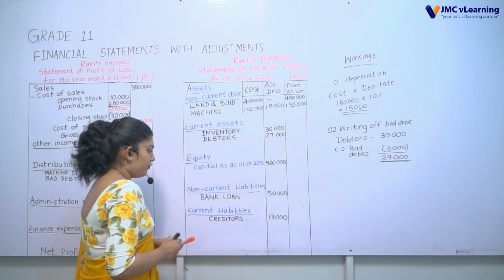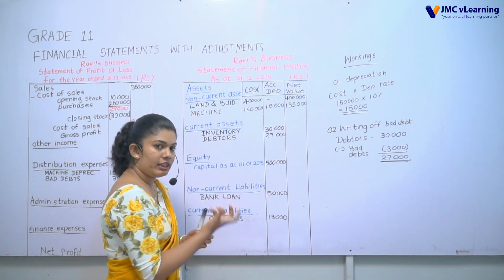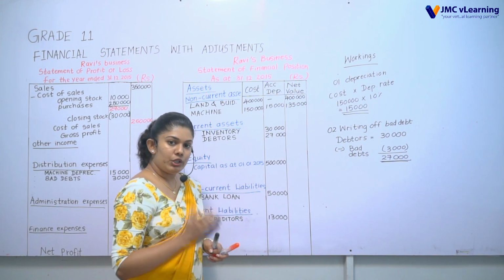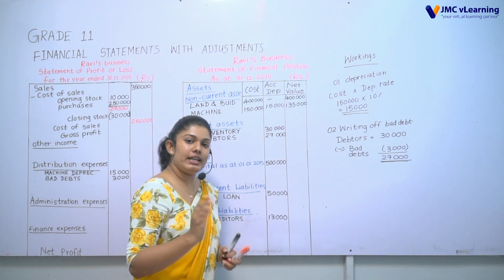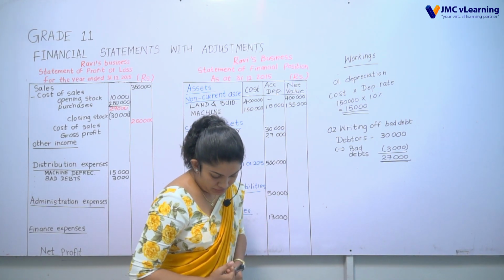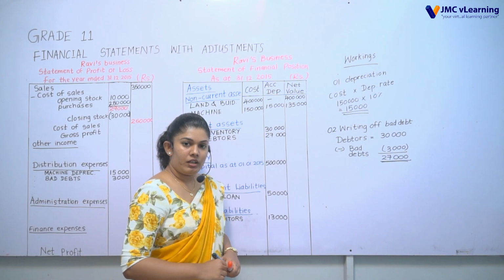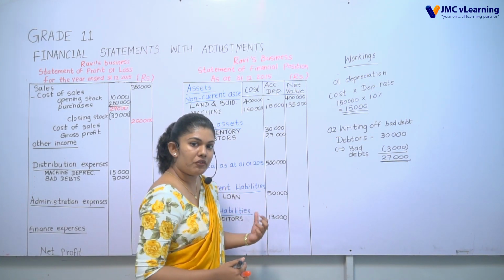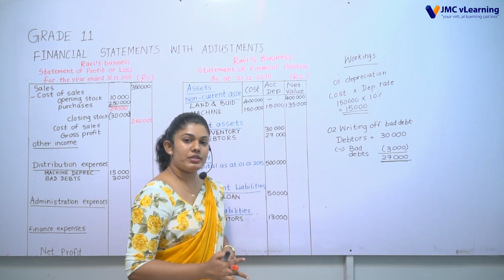Here, if you stop recording this particular line item here, you are wrong. You have been given a percentage in front of this bank loan, 15% in front of this 50,000.